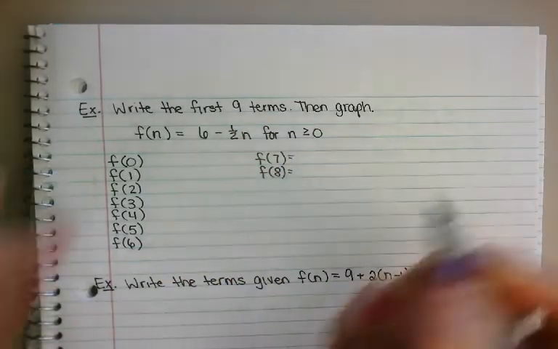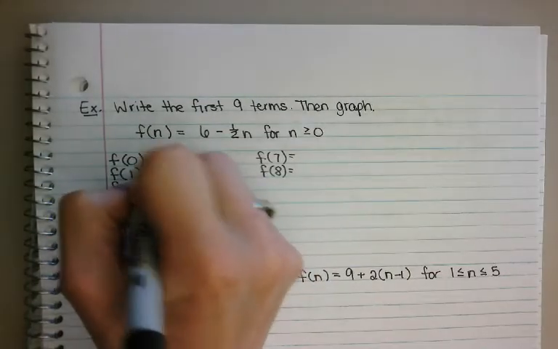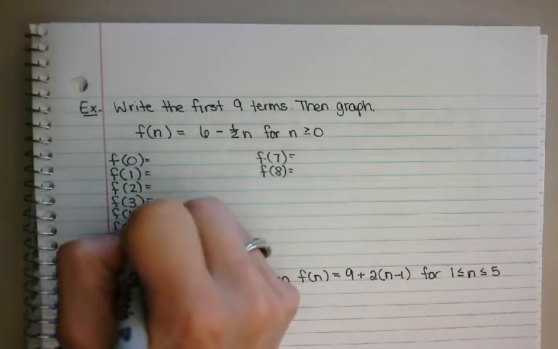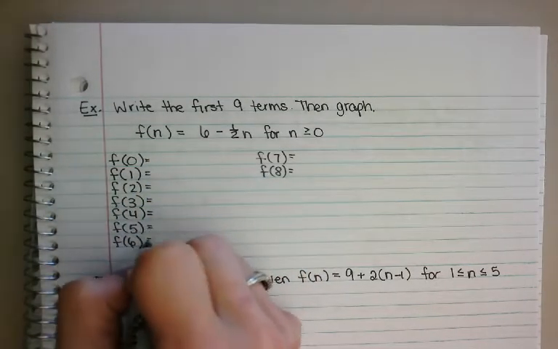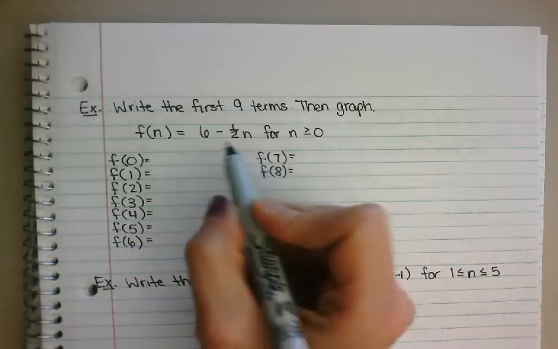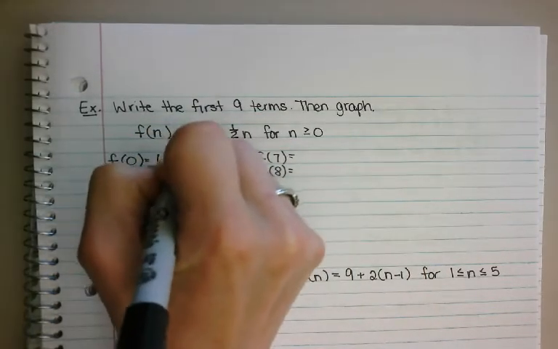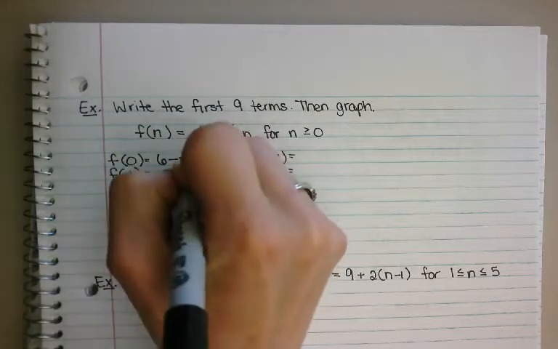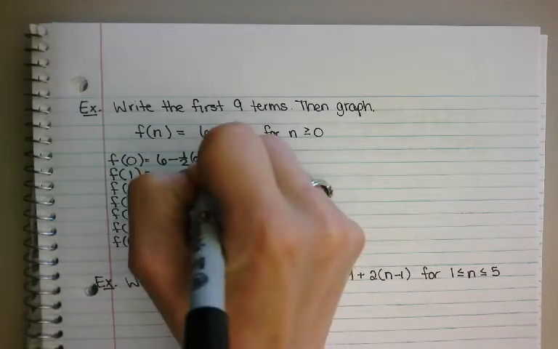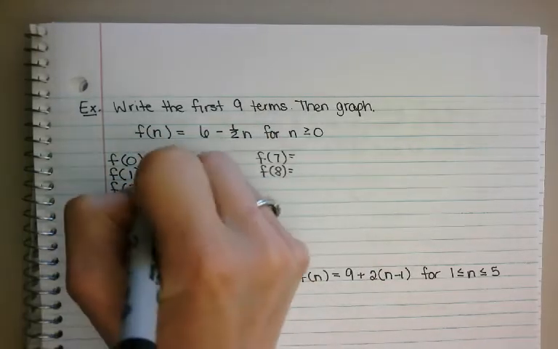Okay, so I've got my 9 terms. All right, so I'm going to say 6 minus 1/2 times my n, which is 0. So that's going to simplify down to a 6.